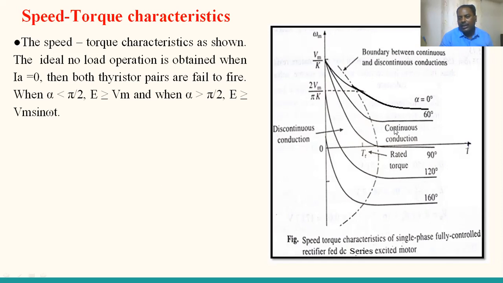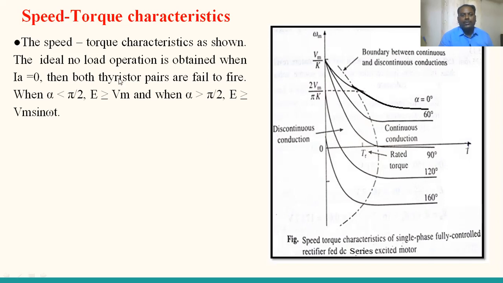The remaining are all the same. You can also observe that the drive is a two-quadrant drive, which can operate in the first quadrant as well as the fourth quadrant. This is the speed torque characteristics of the single phase fully controlled converter fed DC series excited drive. This characteristic has to be slightly changed to a hyperbolic nature.